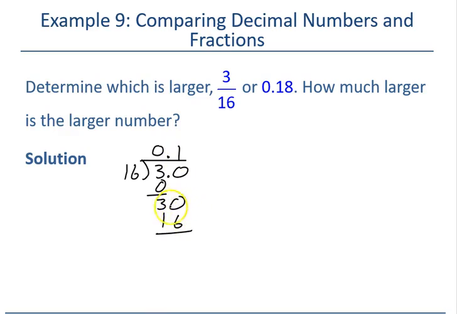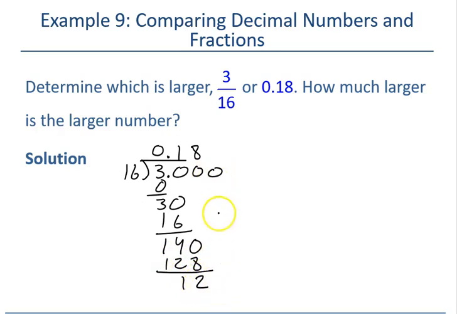Okay, let's subtract off. This is going to give us 14. Put another 0, bring it down, and that's going to give us 140. Okay, well, 140 divided by 16 is going to give me 8. Okay, so 16 times 8 is going to give me 128. And then I can subtract from 140, and that's going to give me a 12.